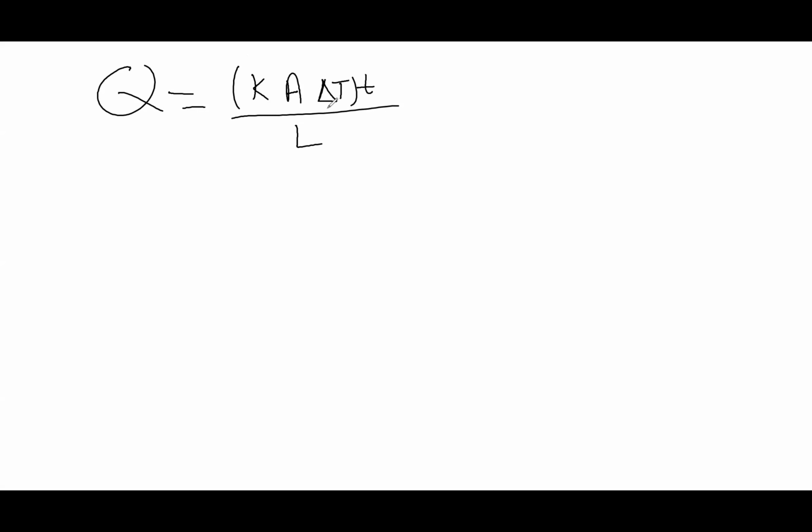Okay, so if we're going to find something in watts, this implies that I'm looking for heat energy per unit time. So I'm going to divide through by time. So that's going to be K A delta T divided by L.